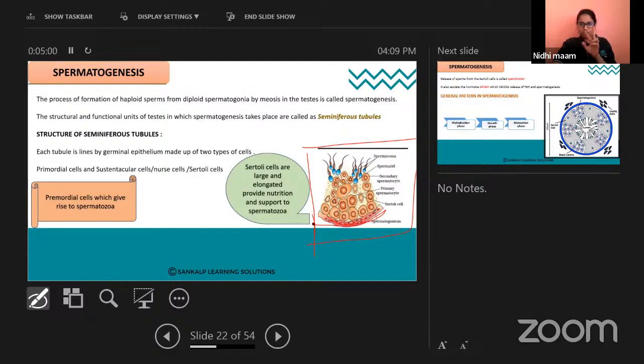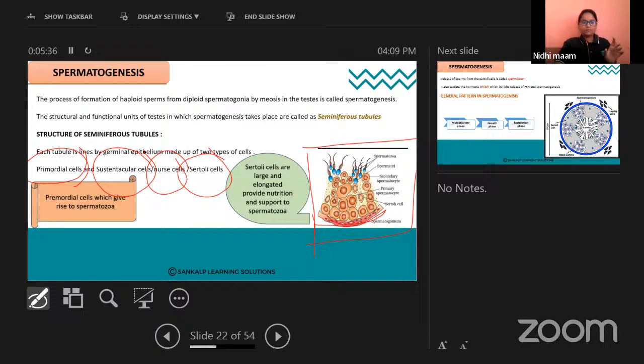In this seminiferous tubule there are two types of cells. One is spermatogonia, which we also call primordial cells, and the other is Sertoli cells, also called nurse cells or sustentacular cells. They are found in the seminiferous tubules.